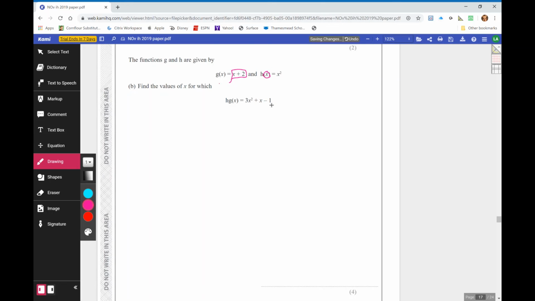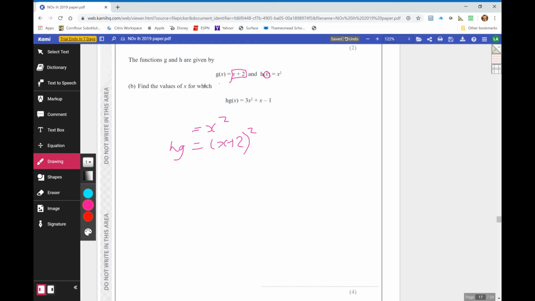The h function is x squared. So if I put in the g into it, what will we do? Every time there's an x, we put x plus 2. So it'd be x plus 2 squared. That's basically just substituting in the value, whatever is in g, into the function of h.